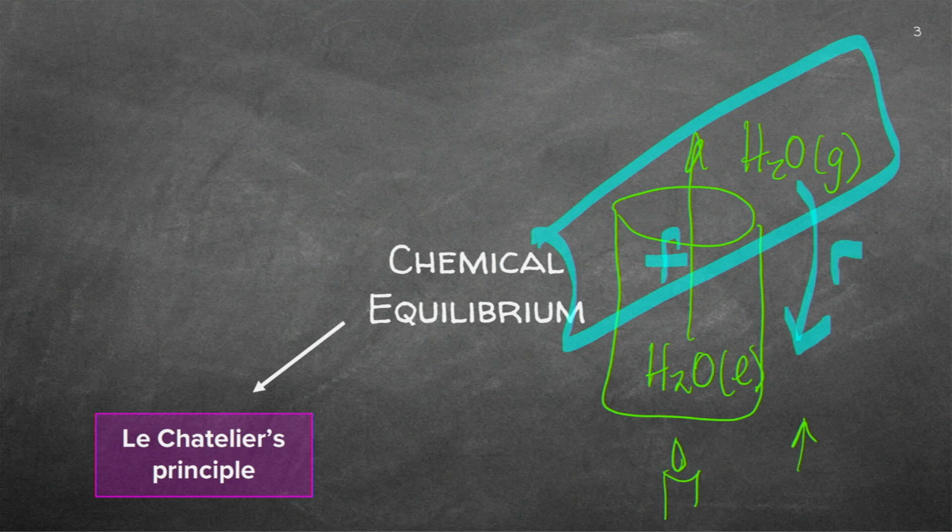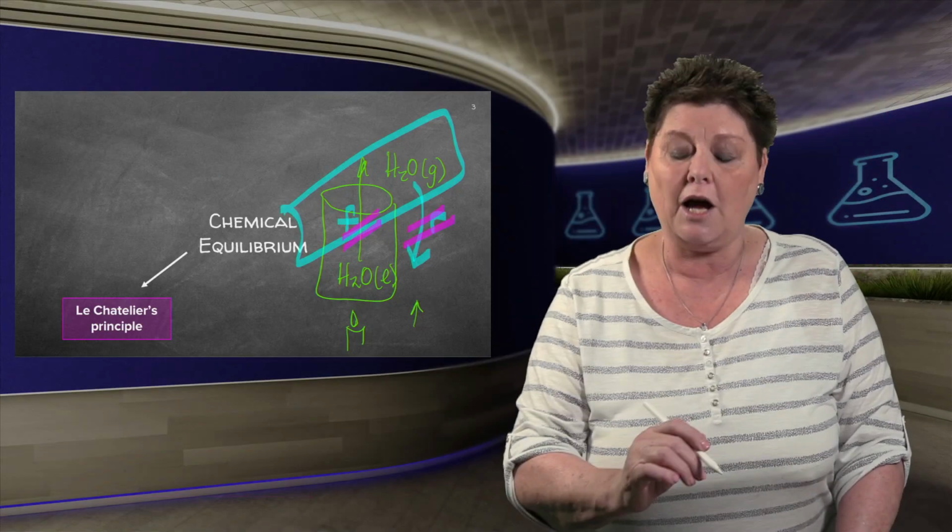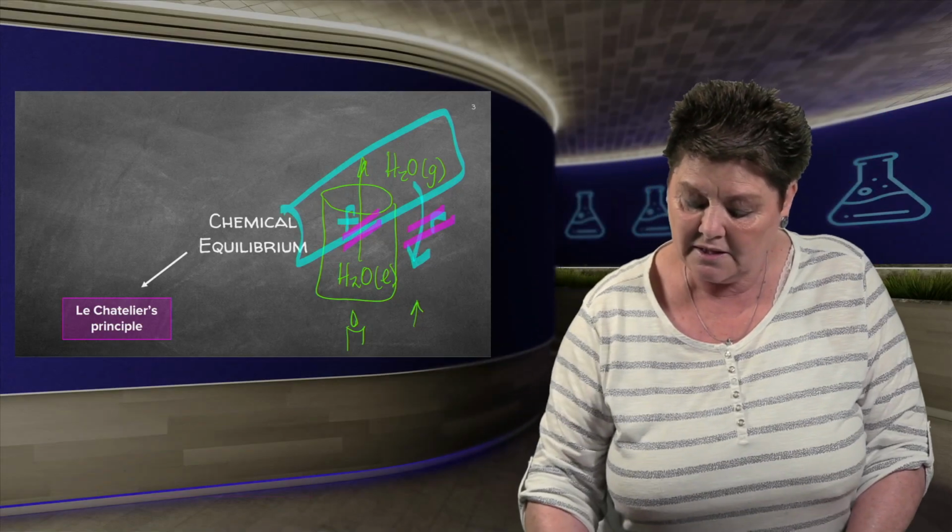As soon as those two reactions happen at the same tempo, that reaction is happening in 2 seconds, and this reaction is happening in 2 seconds. It seems like the reaction stopped, but it's actually in chemical equilibrium, or dynamic. It's still going up and still going down, but it seems like it's in equilibrium.